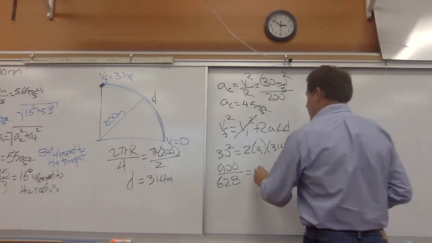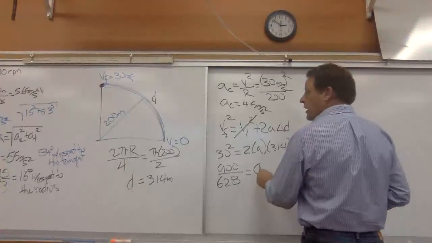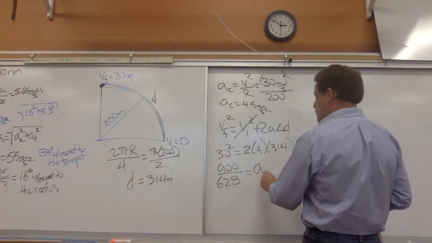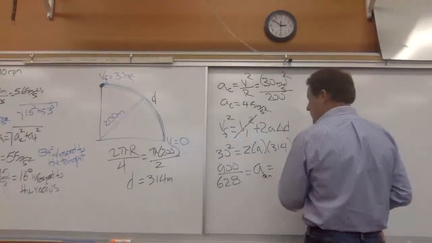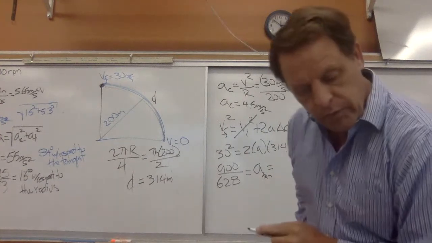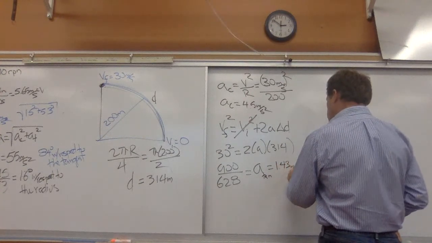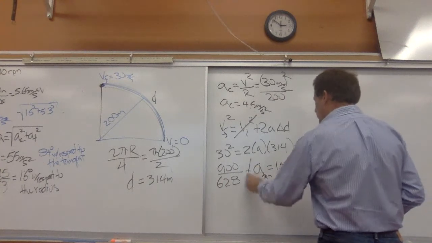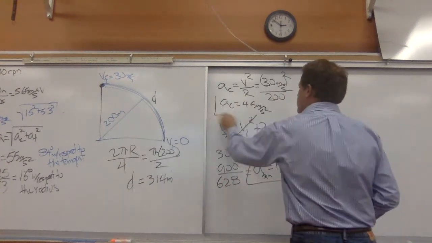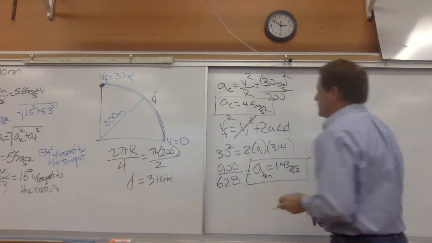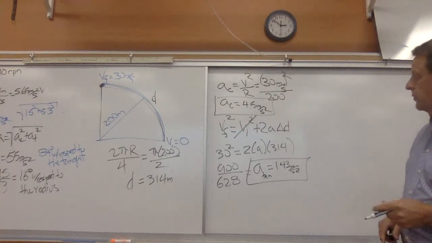Okay, so our tangential acceleration is going to be 1.43 meters per second squared, plus we have our 4.5.